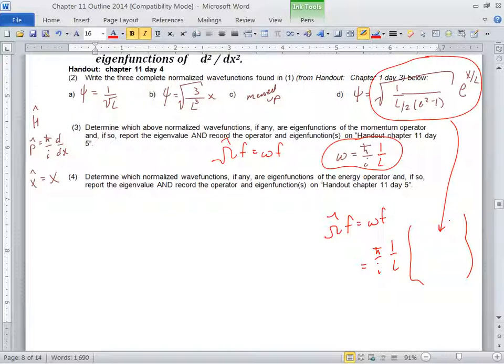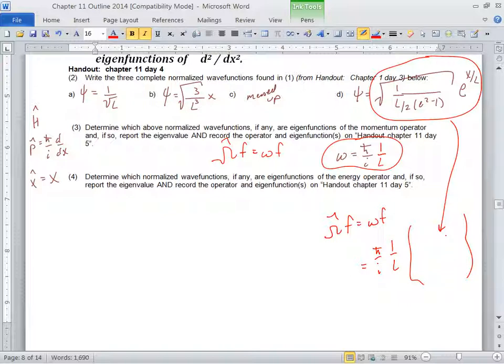Are you guys seeing what I'm doing or not? Alyssa, did I lose you? No. Yeah, well now I understand, because you said everything under the square root is a constant. Yeah, the only thing you have to take the derivative of is the e to the x over L. If you take the derivative of e to the x over L, you get e to the x over L again. But then you have to take the derivative of the exponent, which is 1 over L. So I get an extra 1 over L, and I have that extra h bar over i in the first place.